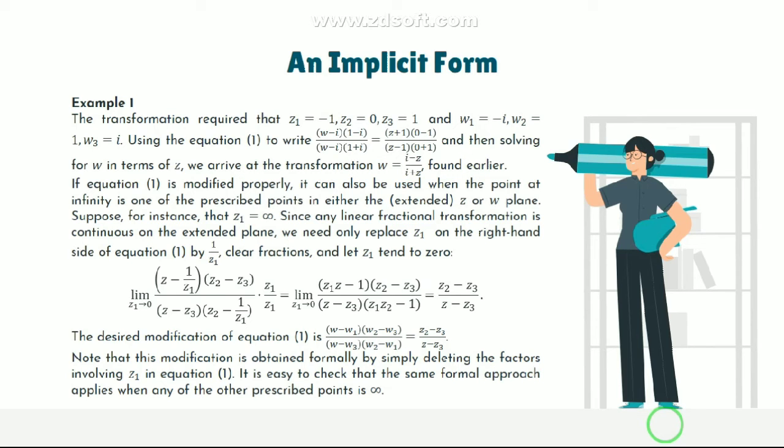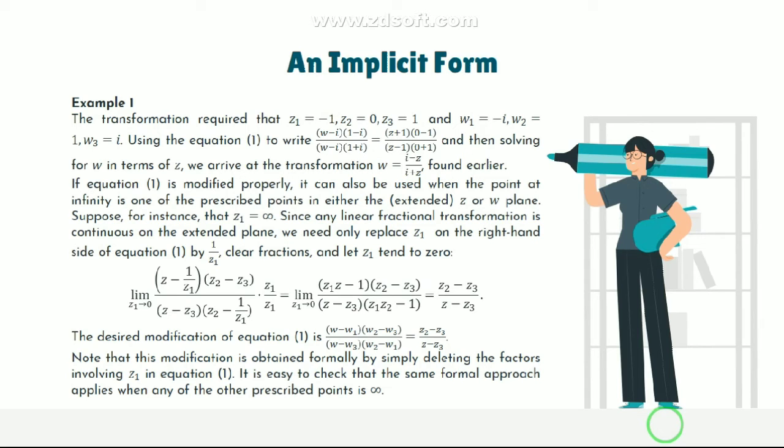The limit as z1 tends to 0 of (z - 1/z1)(z2 - z3) over (z - z3)(z2 - 1/z1), we multiply this fraction by z1 over z1, and then we get the limit as z1 tends to 0 of (z1 z - 1)(z2 - z3) over (z - z3)(z1 z2 - 1).